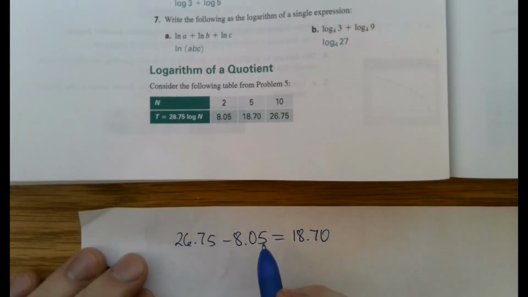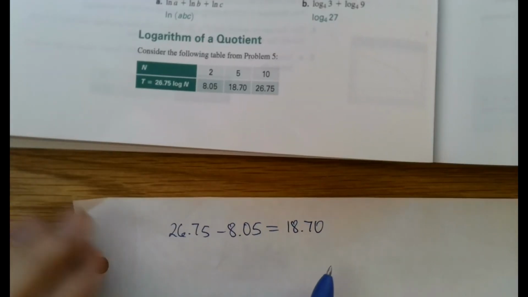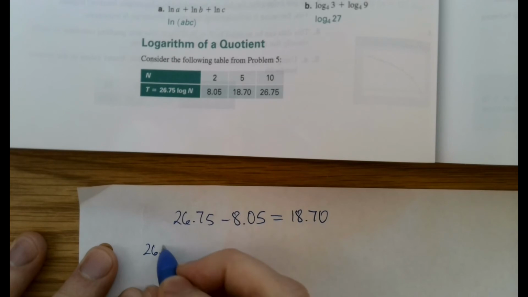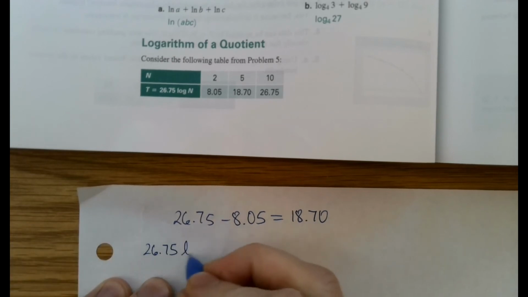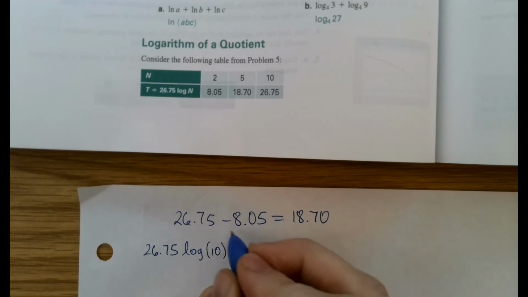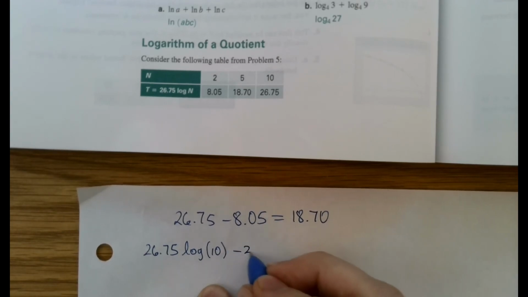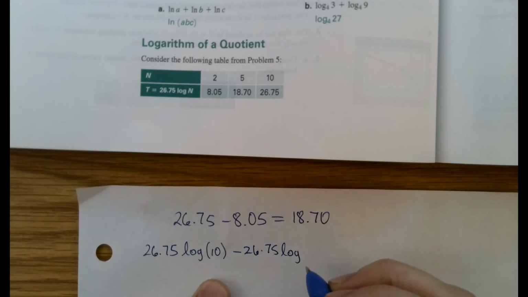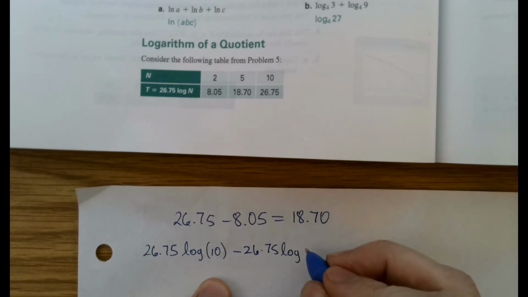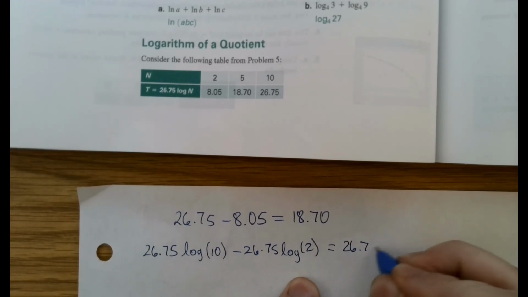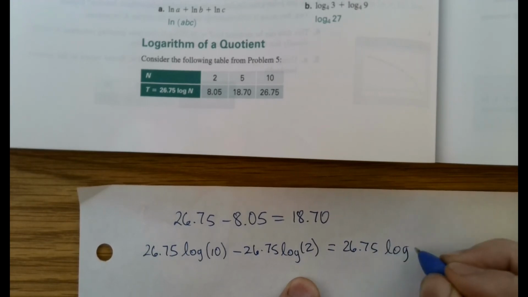So let's now make the connection between these results. Recall that this was 0.75 times log of 10. This result came from doing 26.75 times log of 2, and then this one was 26.75 times log of 5.